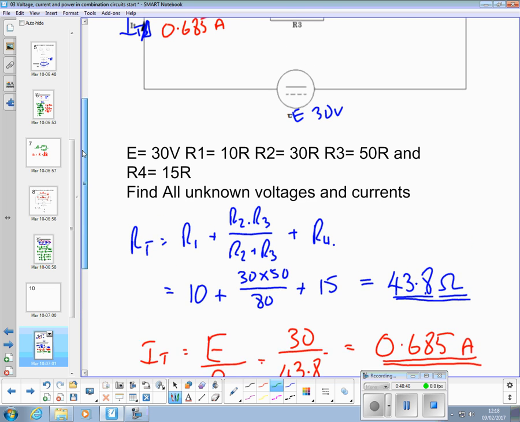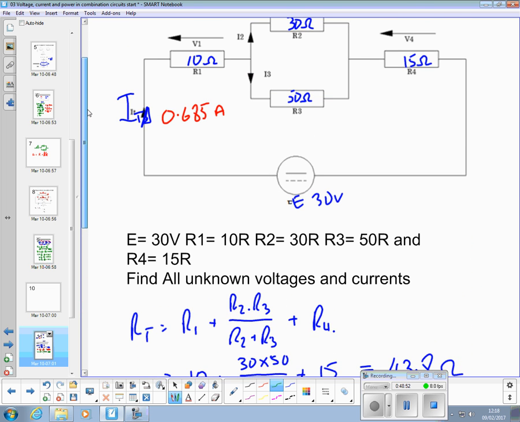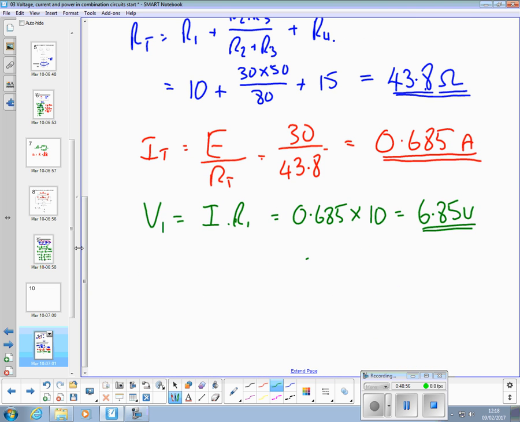And then we can find V4. I R4, 0.685 times 15. 102? Where did 102 come from?